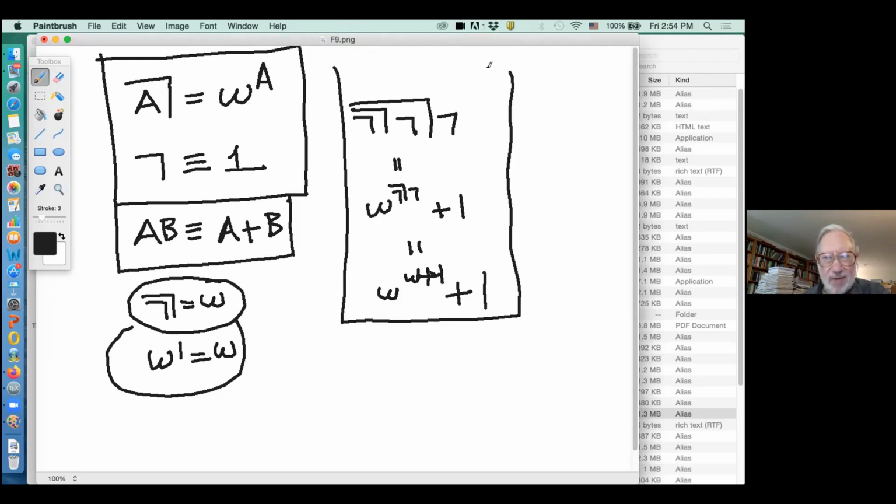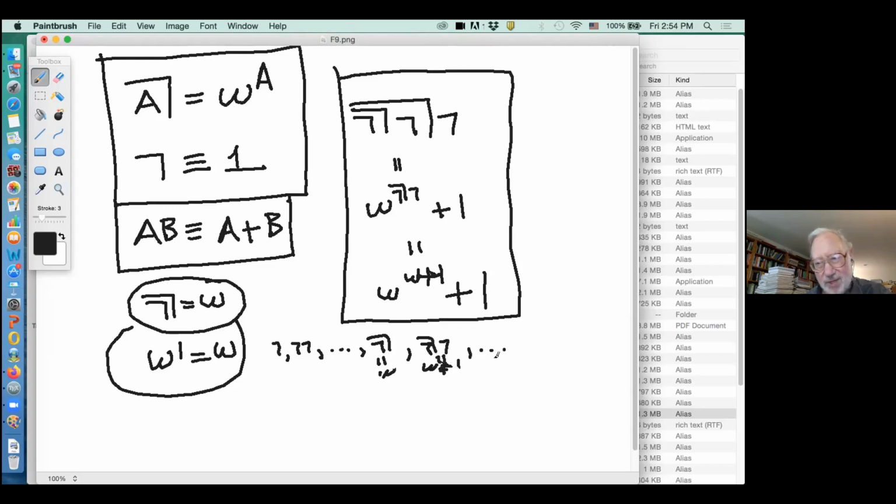Anything you write down can be translated. So it goes just like I said on the previous slide, 1, 2, and so on. And then you get to this, and that's omega. And then you get this, which is equal to omega plus 1. And so it goes.